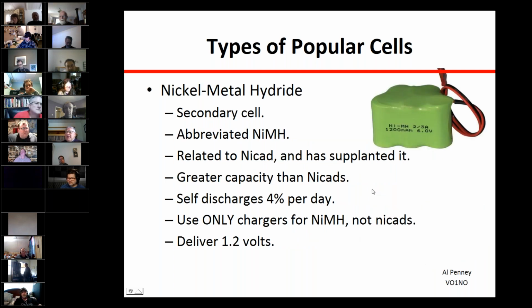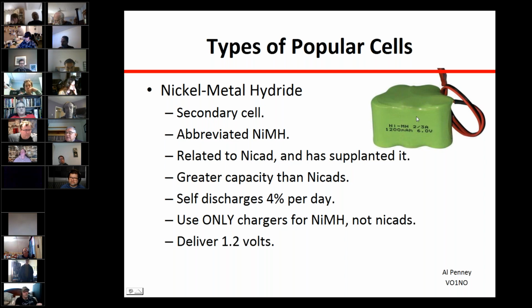Now there's nickel metal hydride. It's a secondary cell, which means you can charge it. The abbreviation is NiMH, nickel metal hydride. It's related to the NiCad, but it's basically supplanted it. Where people used to use NiCads, they now use nickel metal hydride because they've got greater capacity than NiCads. They self-discharge at 4% per day.